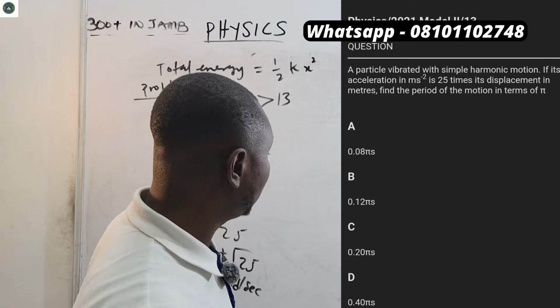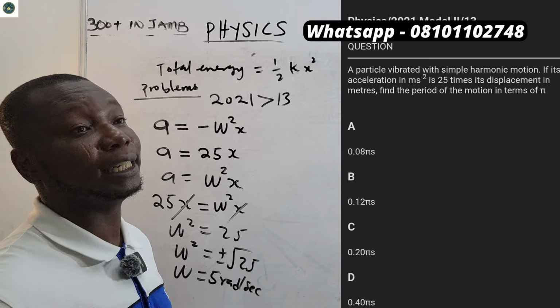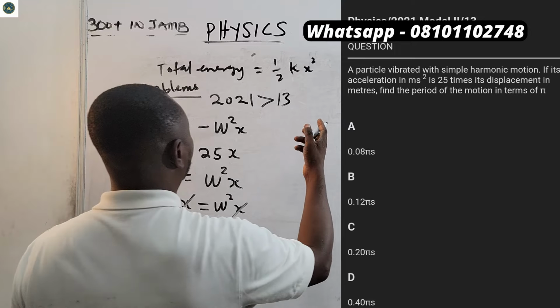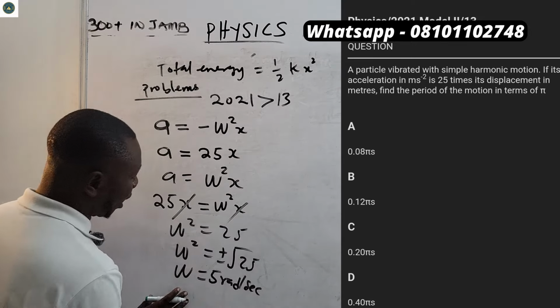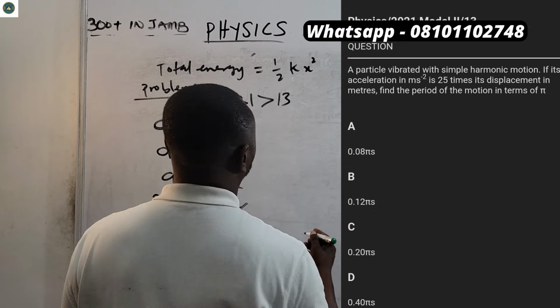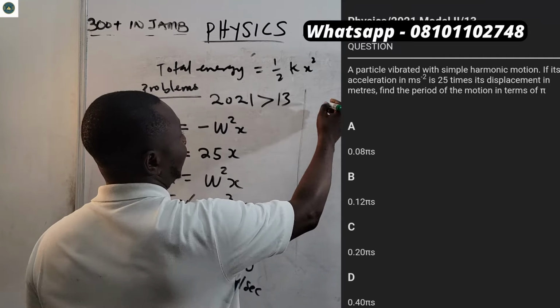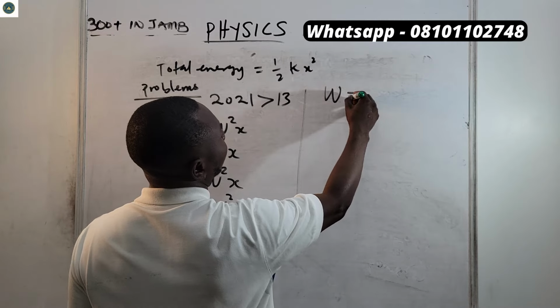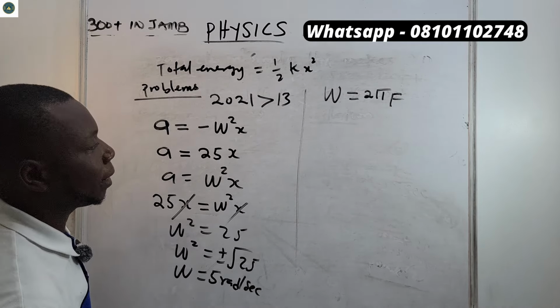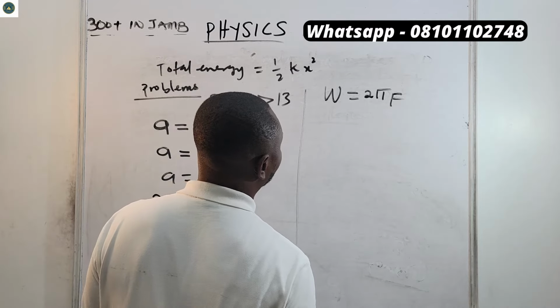How do you find the period? What will come to your mind in terms of pi? What is the relationship? The relationship is that omega is 2 pi f.